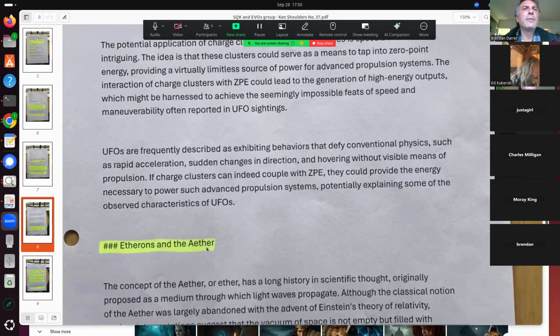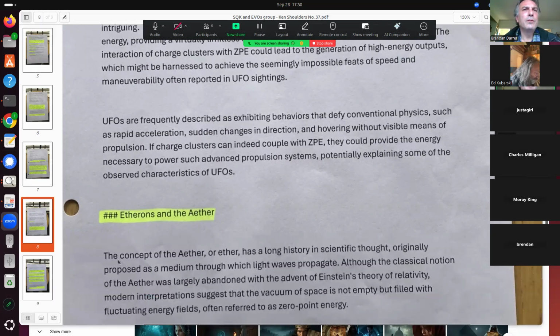Etherons and the ether. The concept of the ether, or aether, with an AE or just an E, has a long history in scientific thought. Originally proposed as a medium through which light waves propagate.